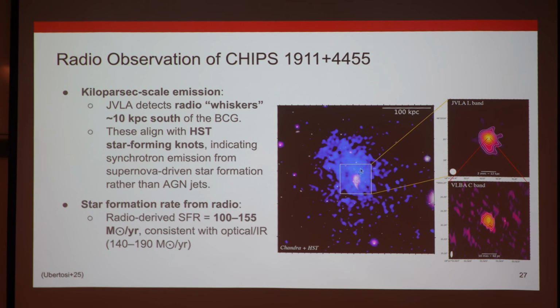They think almost all the light here in the center is coming from the jet, but there is something poking out here, which they call a whisker. This probably is not coming from the jet, because the jet is symmetric, coming from both sides. It cannot really make this weird-looking thing here, and so they call it a whisker. It's roughly on the order of 10 kiloparsec south of the BCG. And then they think, let me show you the picture.